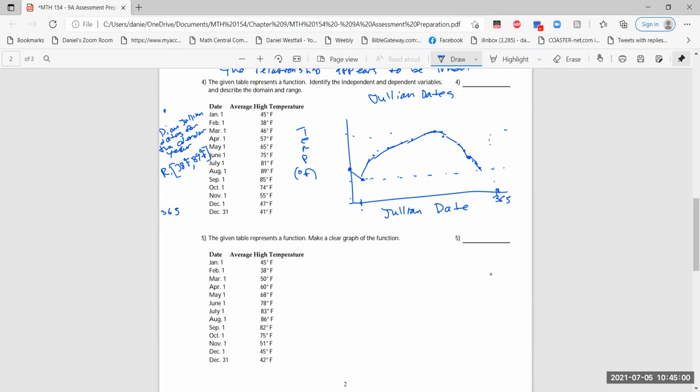And my domain is going to be all values from 1 to 365. And my range is going to be all possible temperatures from 38 degrees Fahrenheit to 89 degrees Fahrenheit. I said that over there already, but the domain is going to be all possible Julian dates for the year. Well, that's going to be 1 to 365. So I just wanted to specify that.